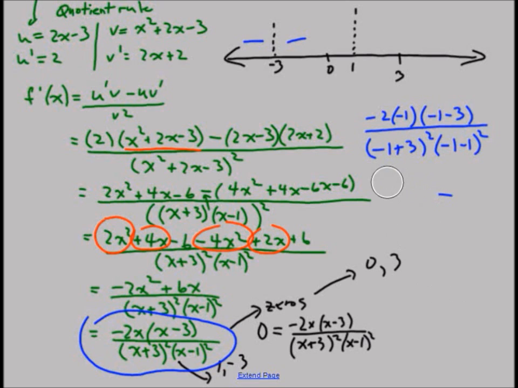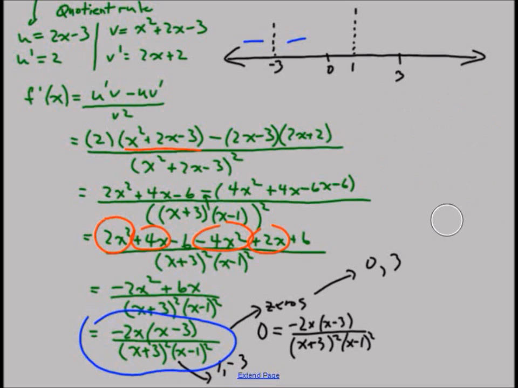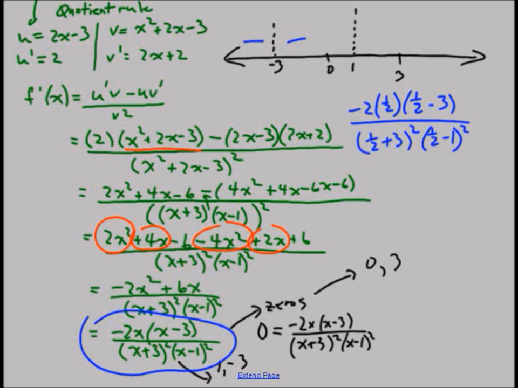Number in between 0 and 1: 1/2. This will result in a negative, positive, negative. So that's a positive number in the numerator divided by a positive number in the denominator. That equals a positive number.